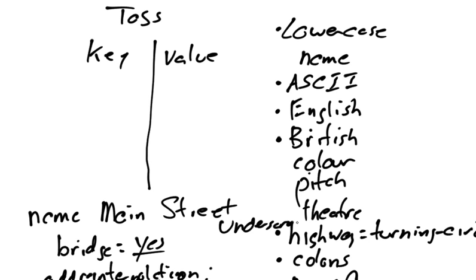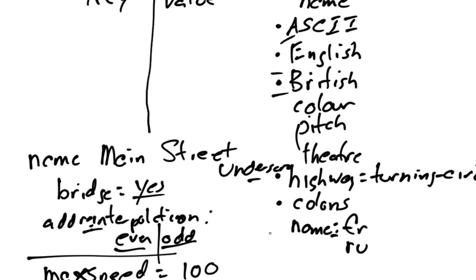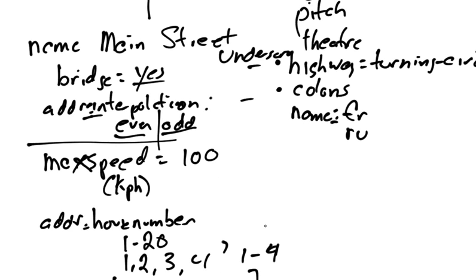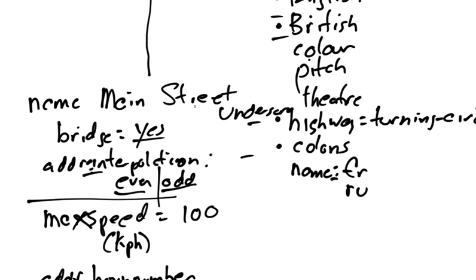We said that they're lowercase, that they're ASCII, that they're in English usually, that it's British English, that we use underscores for spaces, that we use colons for subkeys, and that we have different kinds of values.